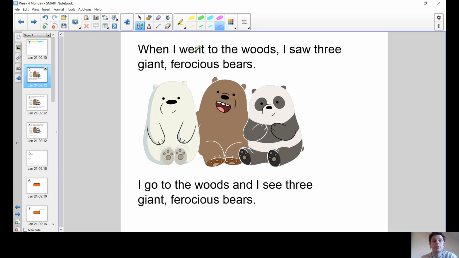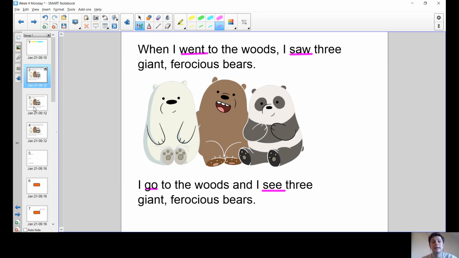It's already happened. You can tell that by looking at the verbs: I went, I saw. These things have already happened. This sentence down here is present tense: I go to the woods and I see 3 giant ferocious bears. So the first one was past tense, the second one was present tense.